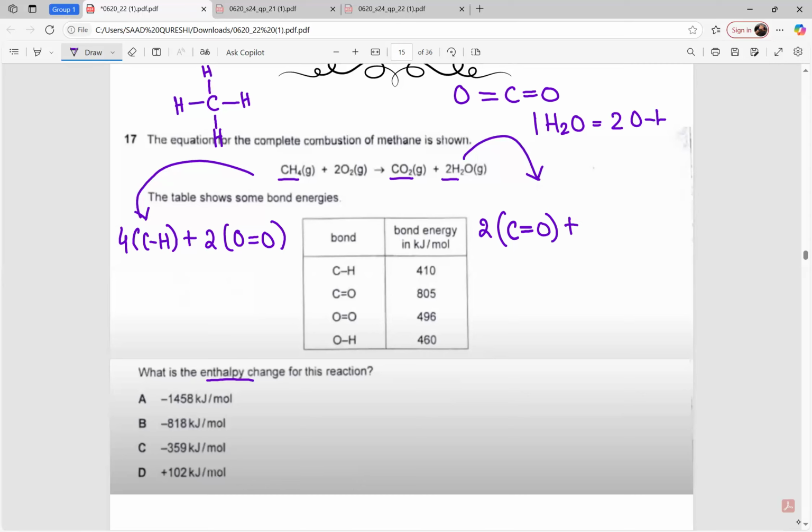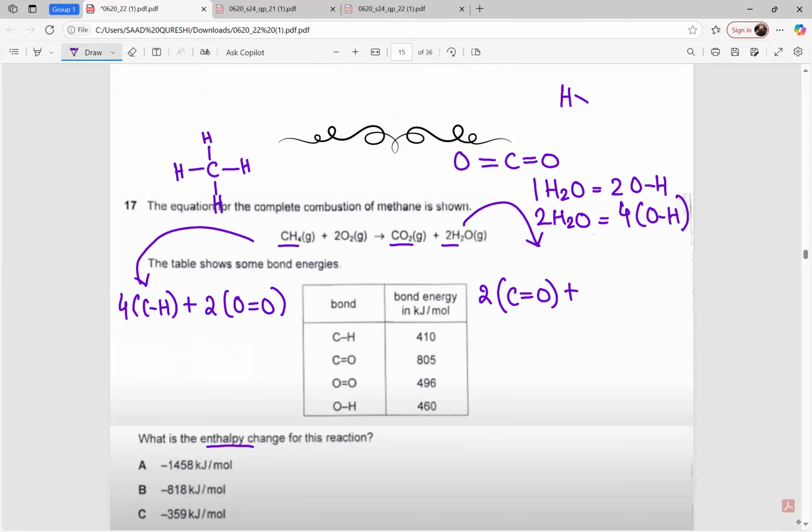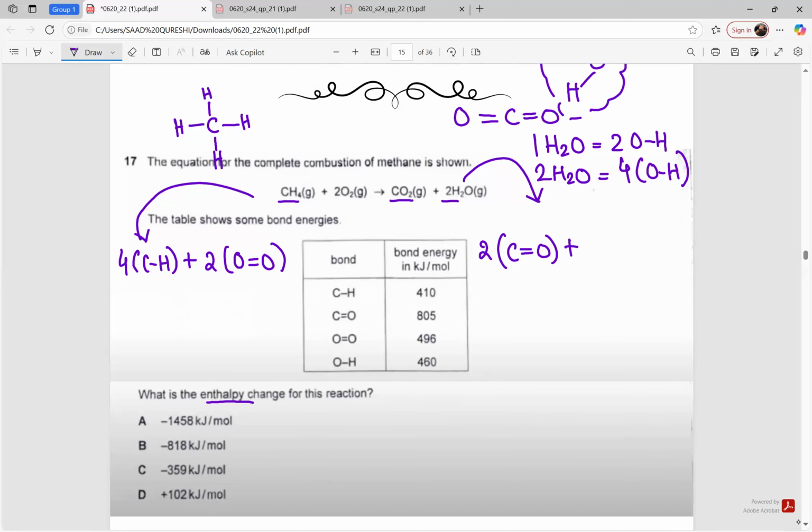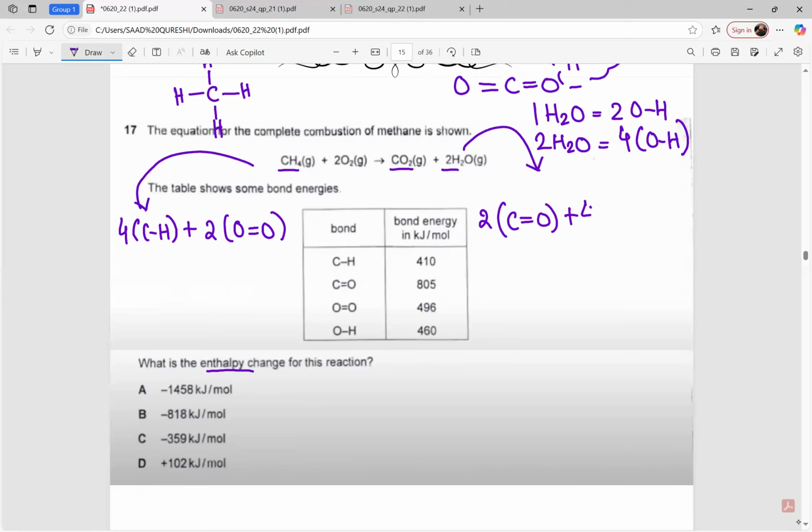Then in 2 H2O, there will be 4 O-H bonds, because we know the water structure is this. So in one molecule there are 2 O-H bonds, so in 2 water molecules there will be 4. So we'll write 4 O-H here.